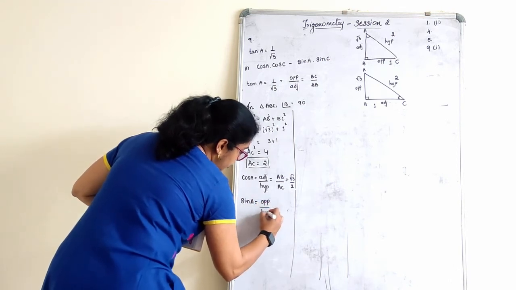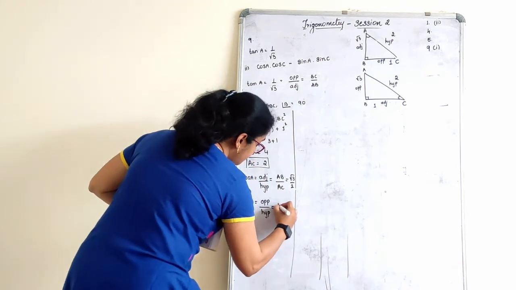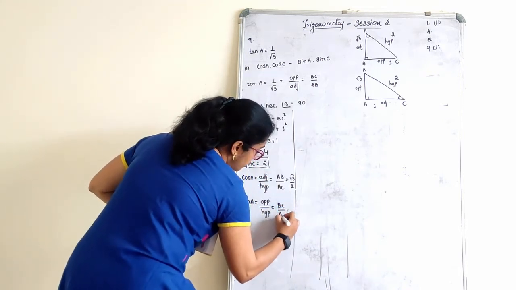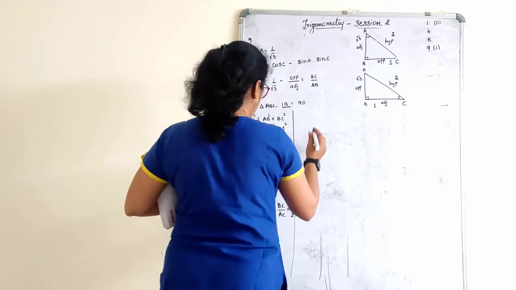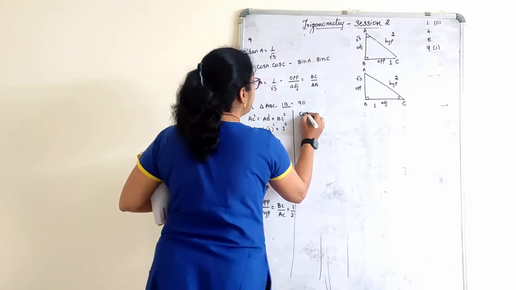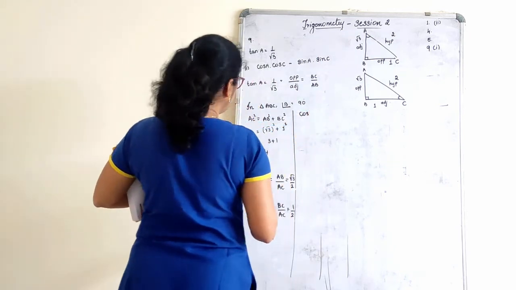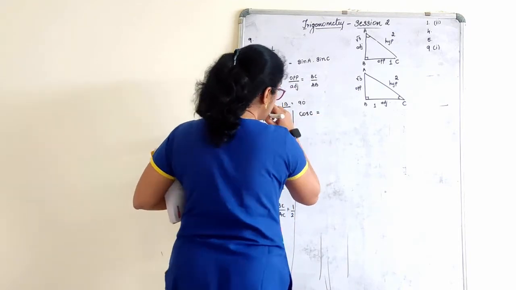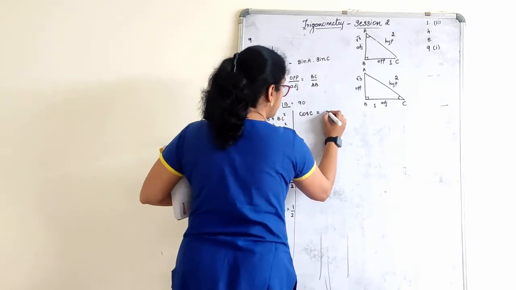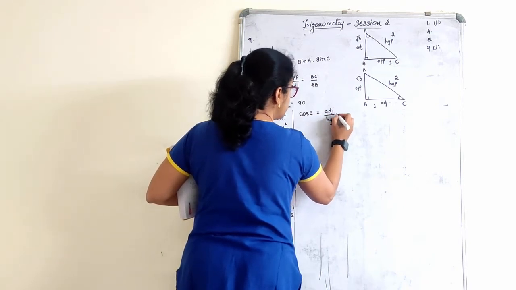Opposite upon hypotenuse. Opposite is BC upon AC, 1 by 2. Okay. Then we have cos A, sin A. Then we have cos C is equal to adjacent upon hypotenuse.